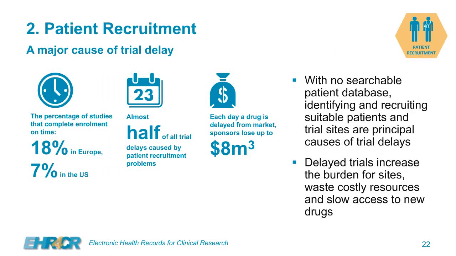Moving on to patient recruitment, a significant bottleneck for clinical research is identifying and recruiting patients to clinical trials. No matter what efforts we go to predict patient recruitment, still almost half of all clinical trials today are delayed because of patient recruitment problems.